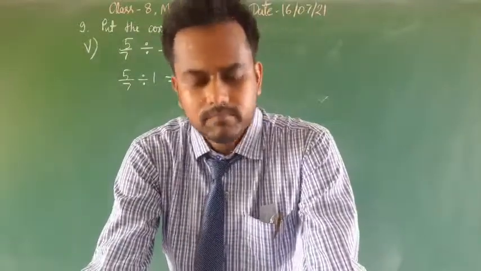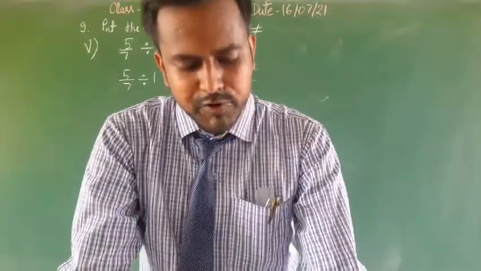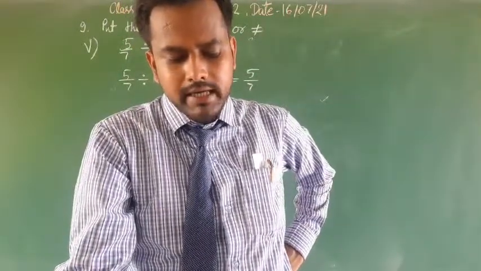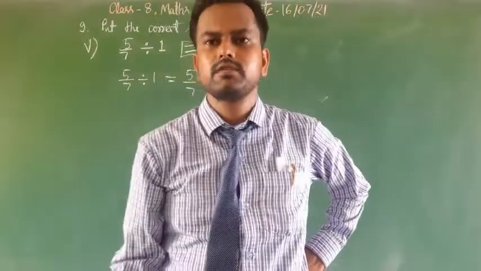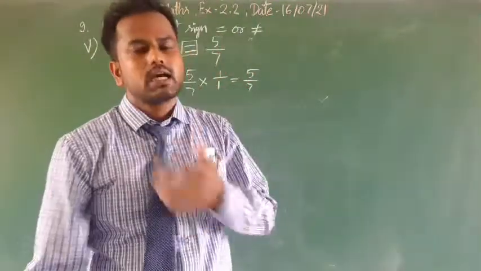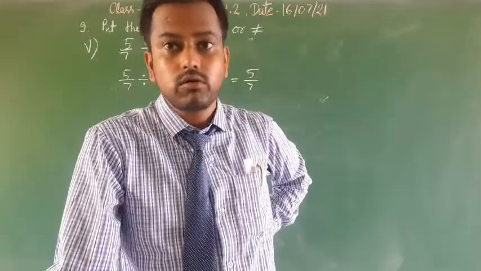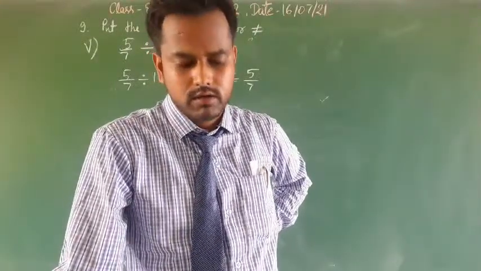6th part, commutative and associative property hold good in case of division of rational numbers. It is totally wrong. Commutative and associative property do not hold good for division of rational numbers. Got it?